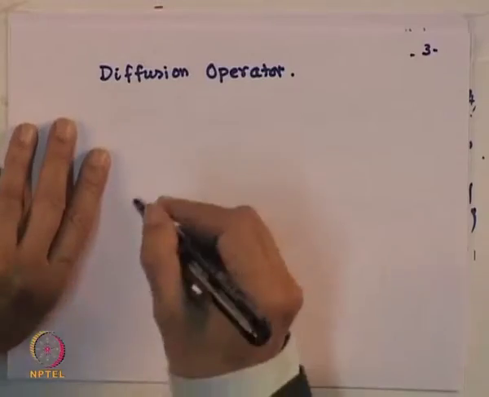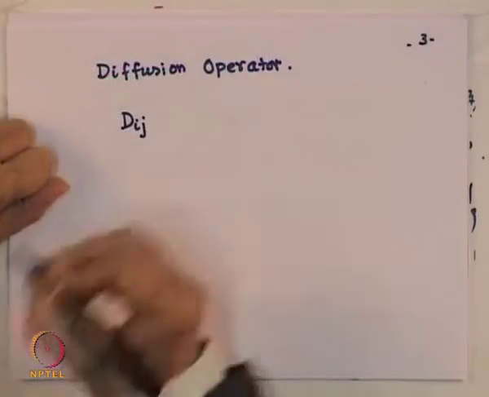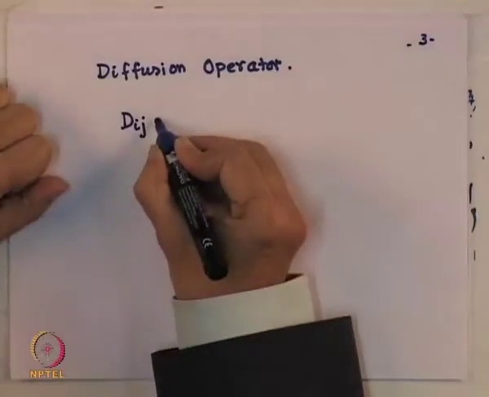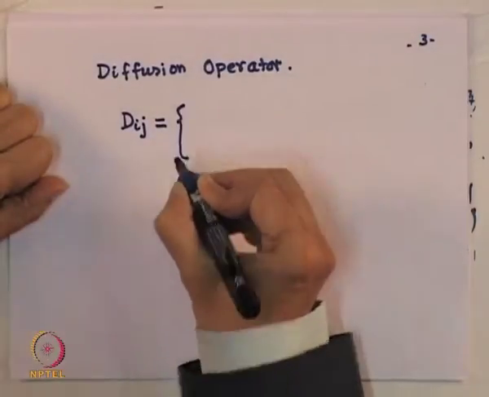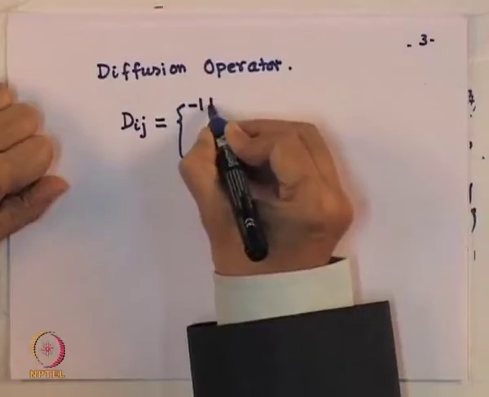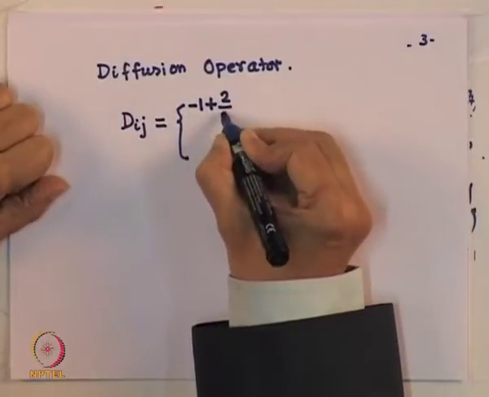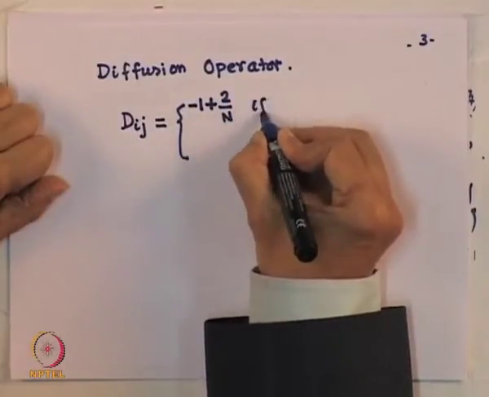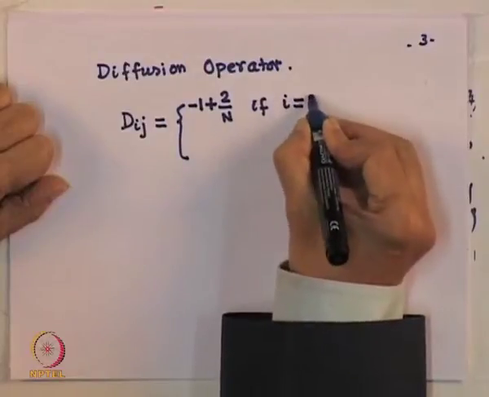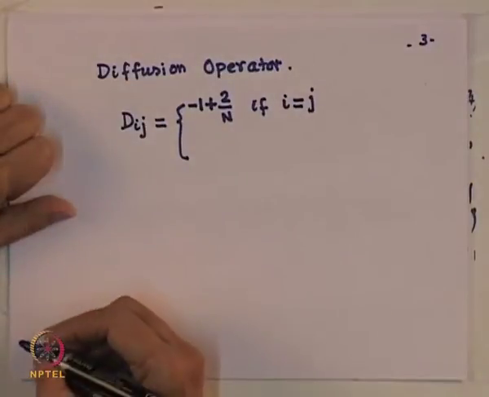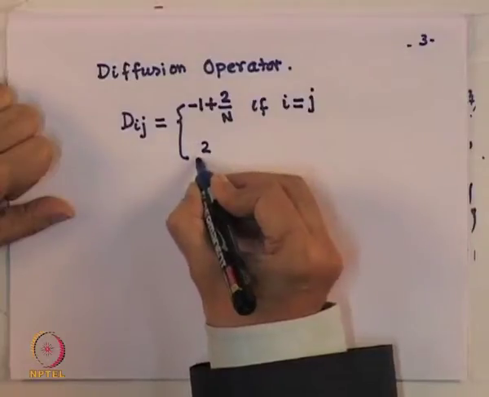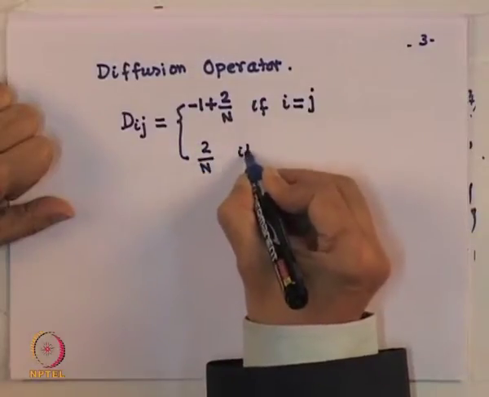The diffusion operator, I will be talking about the matrix representation, is an n by n matrix whose ij-th element is given by minus 1 plus 2 by n if i happens to be equal to j, that is the diagonal elements, and is just equal to 2 by n if i is not equal to j.